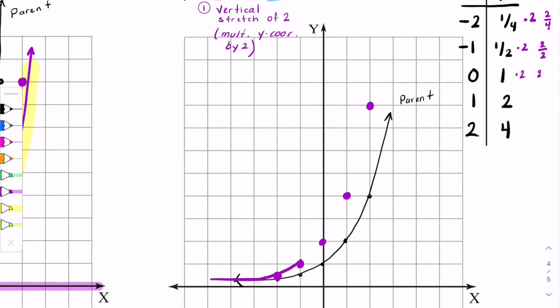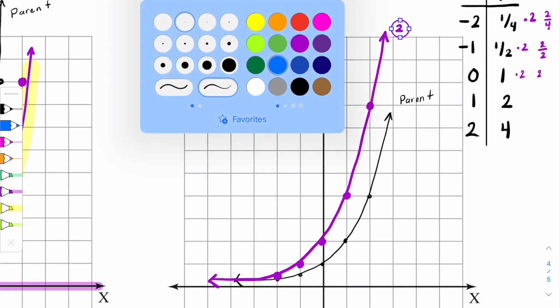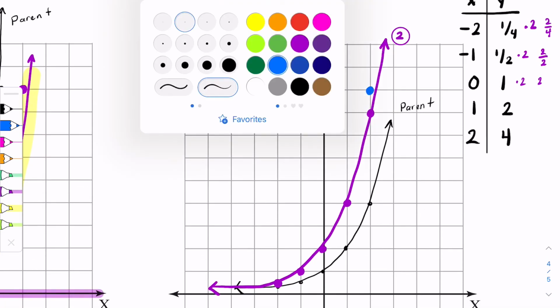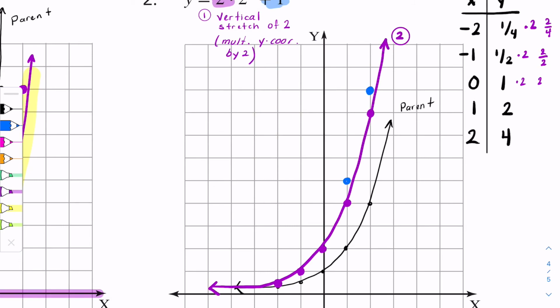The asymptote still hasn't moved. It's still at 0 at this point. Our purple graph is our second step. And our last step is to shift our purple graph up 1 unit. So every point gets moved up 1 unit for your final answer.